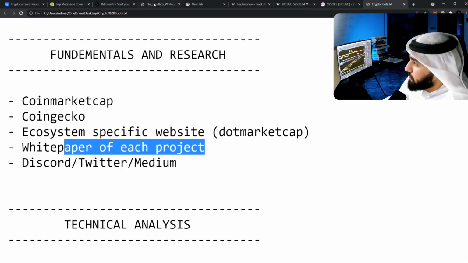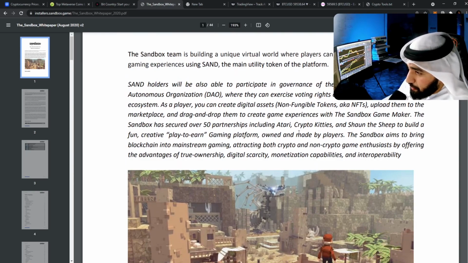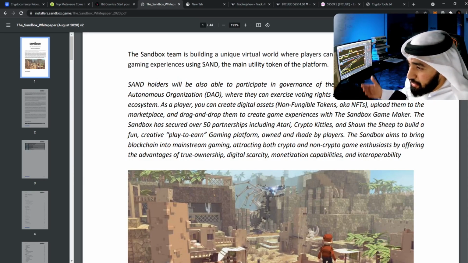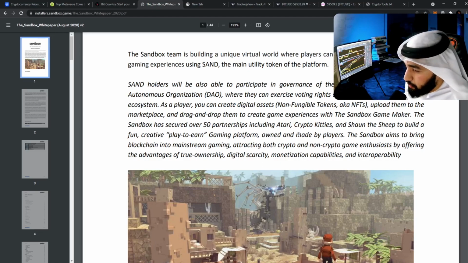So, for example, here I've pulled out the Sandbox white paper. In the white paper, they basically explain what the business is, the business model, the tokenomics, the team behind it, the plan, the roadmap, and the status of the project. So this is very important.